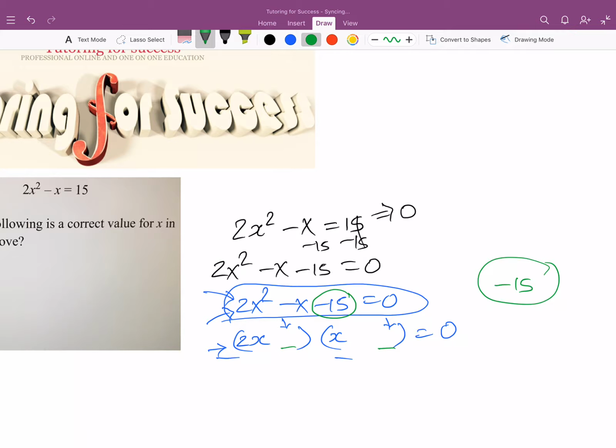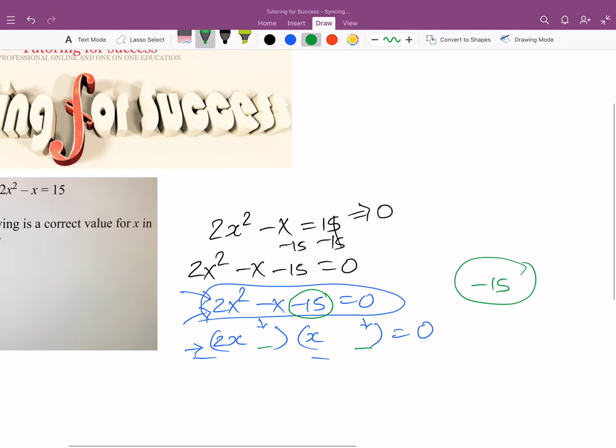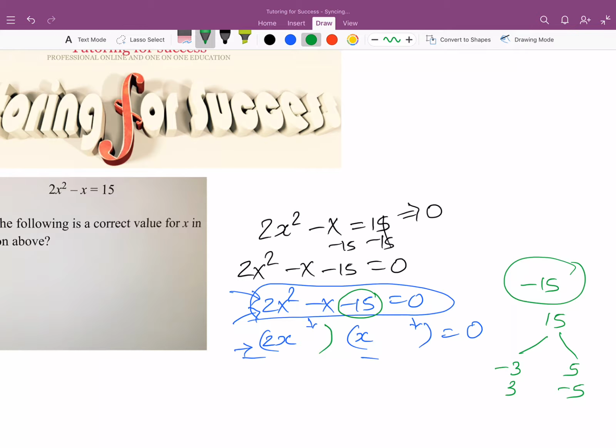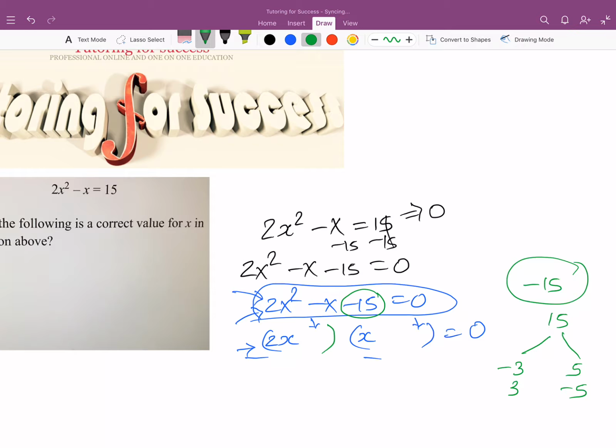So let's think of negative 15. How many numbers are out there that are going to produce negative 15? The factors of 15 are 3 and 5. So the possibilities are either negative 3 and 5, or 3 and negative 5. One thing for sure, we know definitely that 3 goes here, and 5 goes in there.